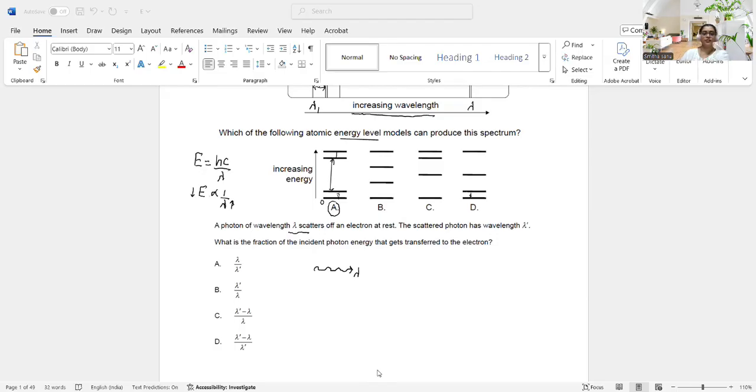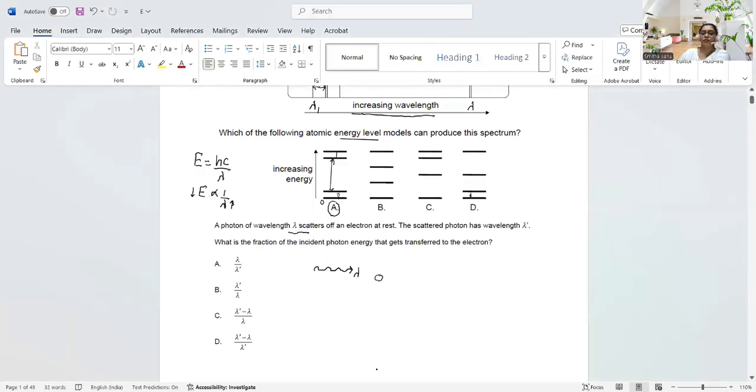Let's do the next question. The photon of wavelength lambda scatters off an electron at rest. So there is an incoming photon of wavelength lambda. It hits an electron that is at rest. Here we can see that this is the electron at rest. What happens?